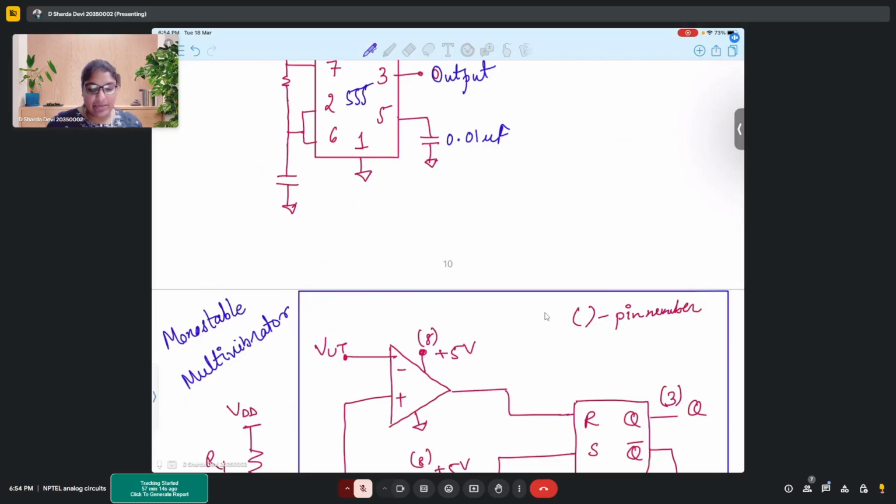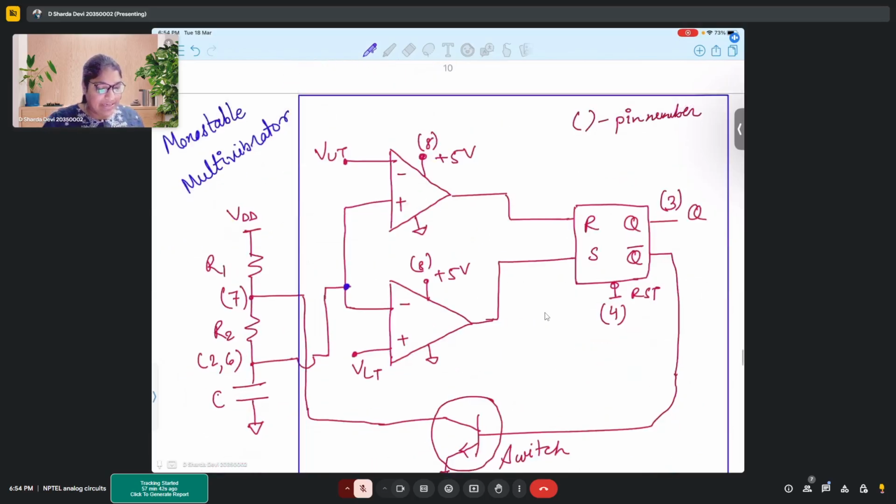Through a trigger signal. So when you introduce a trigger signal, your output suddenly goes high for a certain period of time, and it generates a pulse. The width of that pulse is dependent on the time period of the trigger. That's how it goes into an unstable state once, giving a pulse. Again, it comes down to the stable state.